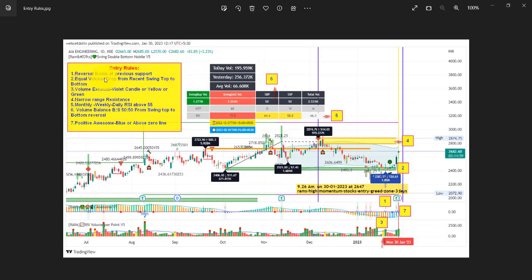First of all, the reversal bomb at a previous support. When a price moves to a particular high and then drops from there, normally we see the Fibonacci values at 68 or 70%, or in upward moves at 50% Fibonacci levels. Generally, the stock reverses.